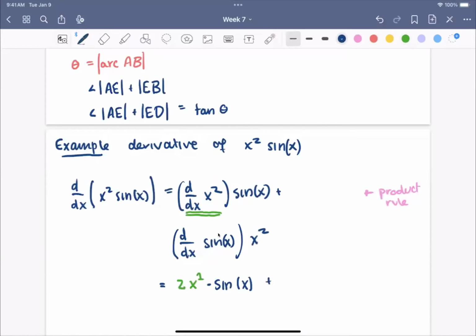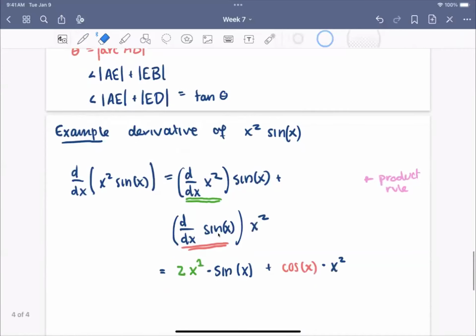And we're adding that to the derivative of sine x, which we now know is cosine x, times x squared. Okay, and that's basically as simple as it gets. To simplify, I would just remove that exponent on the x, because x to the 1 is just x. So this would be our final answer here.